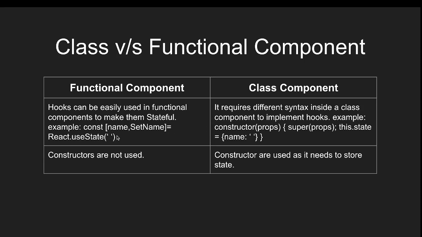Wherever we want to change the value of name, we simply call the function setName and pass in the new value for the name variable. Whatever value I set will be assigned to the name variable. This is how state is maintained, by mimicking the property of a class component.